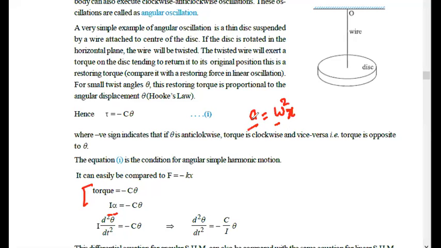Here instead of A, which is linear acceleration, we take alpha, which is angular acceleration. Comparing, I alpha is equal to minus c theta, so alpha is equal to minus c by I theta. Yes or no?